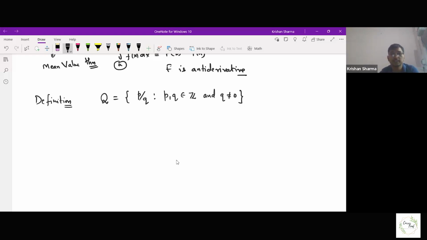So we all know this is the definition of rational numbers. Now, the set of all real numbers is the union of rational numbers and irrational numbers. So, what we want to prove is that square root 2 is irrational.